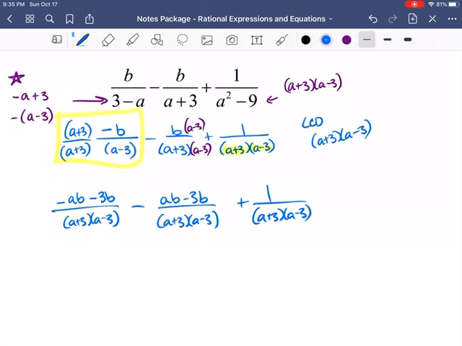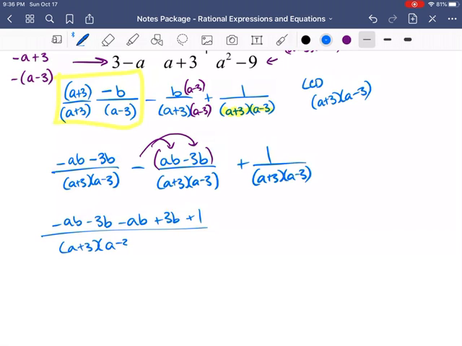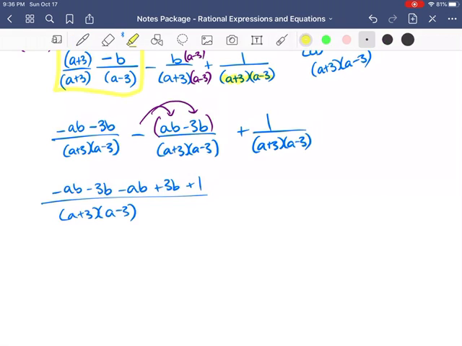So we're good there. All right, let's go ahead and collect some like terms here. So this negative is going to apply to both of those. We're going to get negative ab minus 3b minus ab plus 3b plus 1 over (a plus 3)(a minus 3). Okay, it will get nicer.